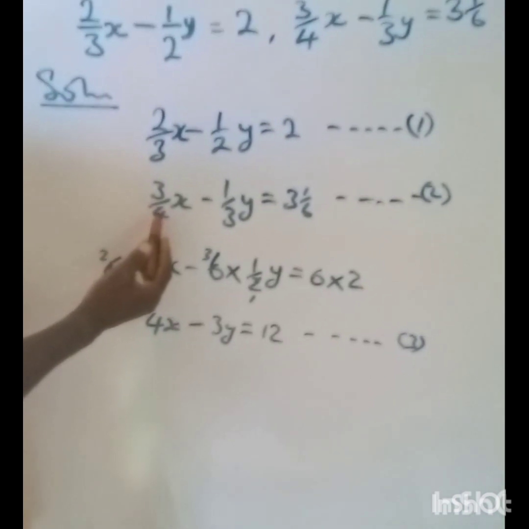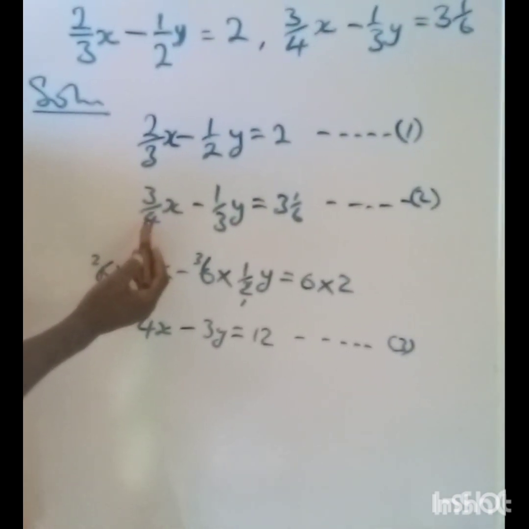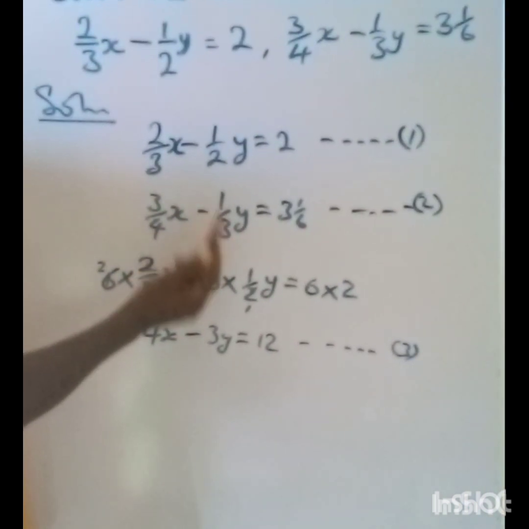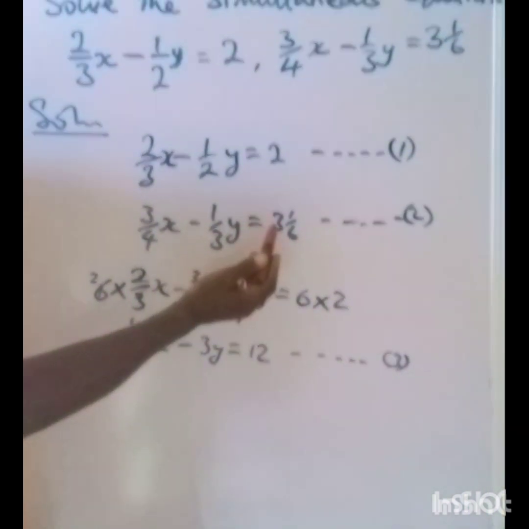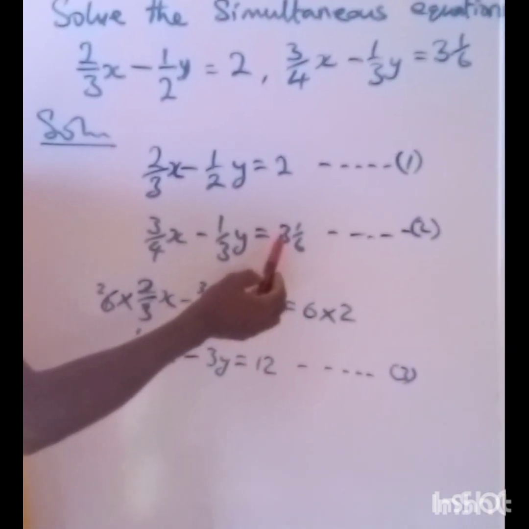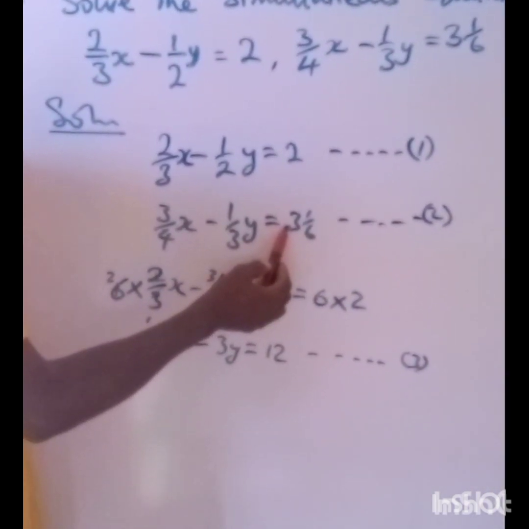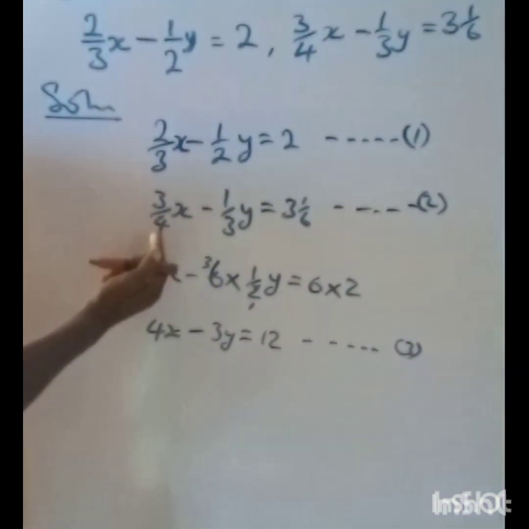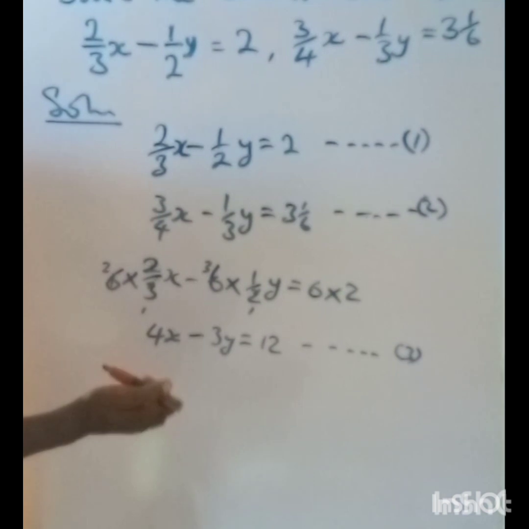The second equation is 3 over 4 x minus 1 over 3 y equals 3 whole number 1 over 6. We change it to an improper fraction, that is 6 times 3, 18 plus 1, 19 over 6. Here the LCM of the denominators is 12.